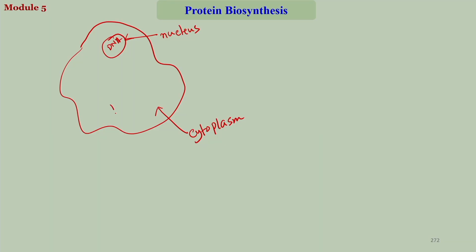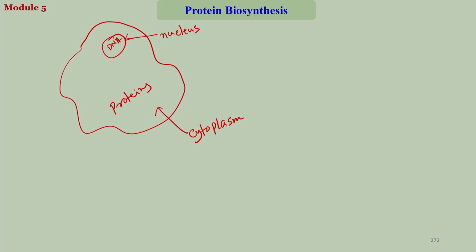So, proteins or enzymes are almost inevitable in any biological reaction that goes on, and protein stays in the cytoplasm of the cell. Here are proteins, here is DNA.